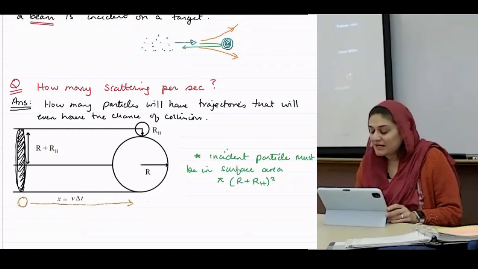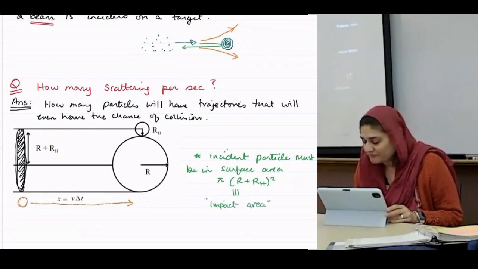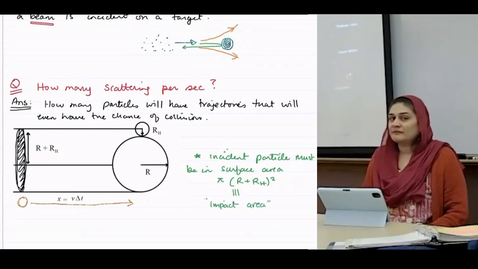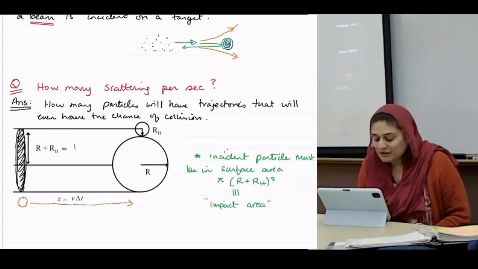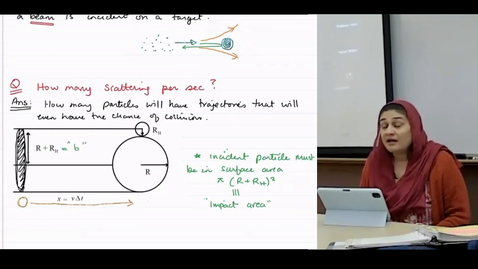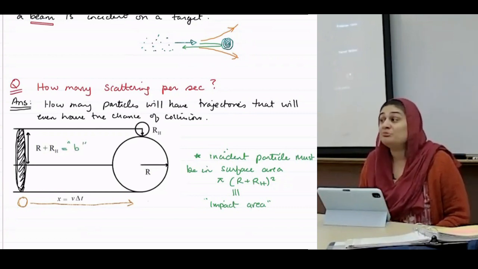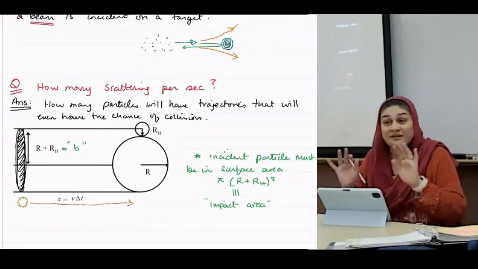So that means I am going to define this as impact area, and I am going to redefine R plus r as a new term called b, and I'm going to call it impact parameter. Fancy words, I know, but fundamentally they're simple.